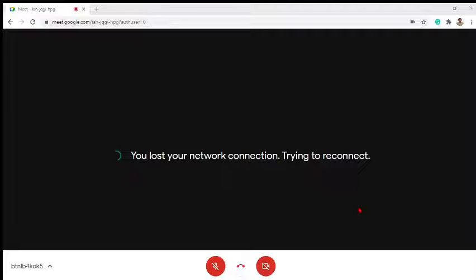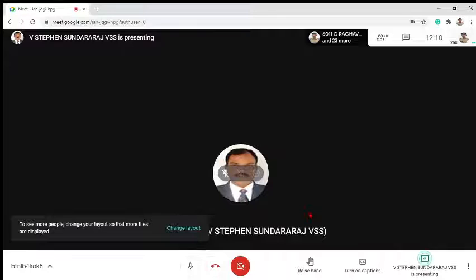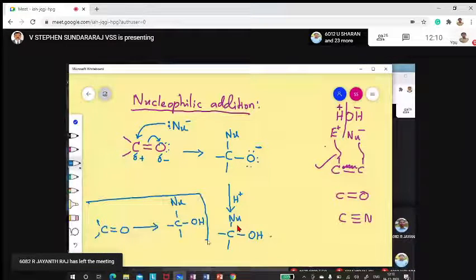You see that the shortcut is: C double bond O, 2 bonds on C. One side, you have to identify the nucleophile, and on the other side the oxygen will be attached with OH. This is the shortcut manner you remember. Otherwise, this is the mechanism I have taught.